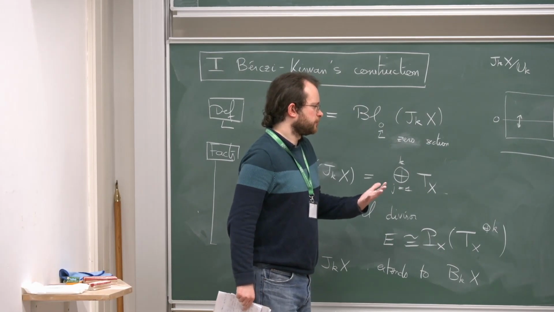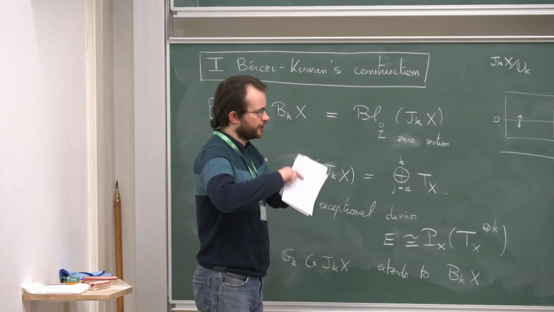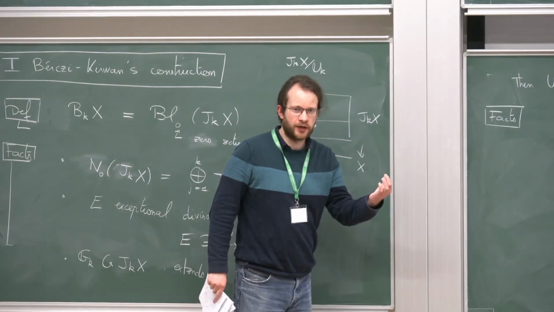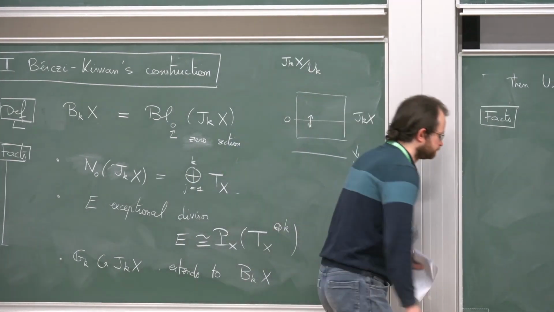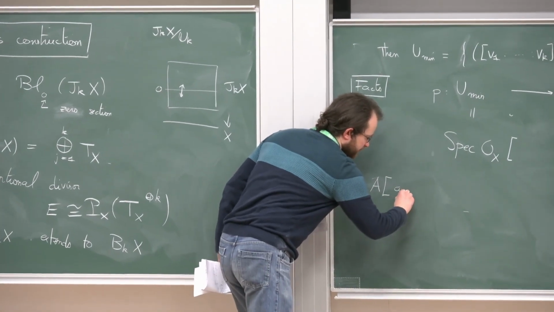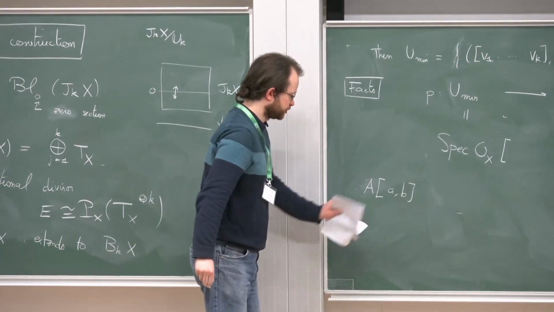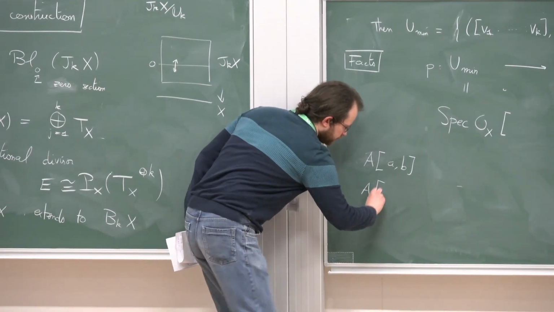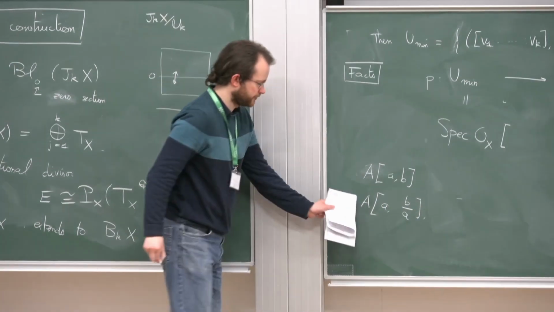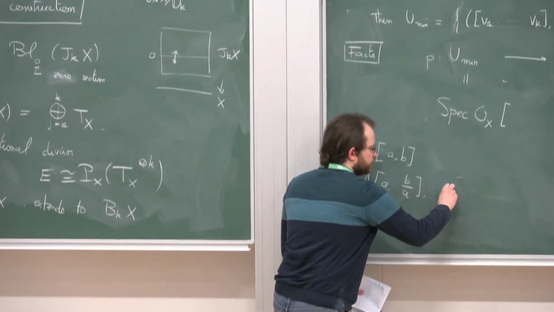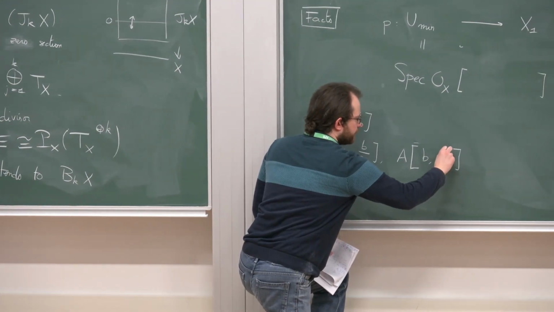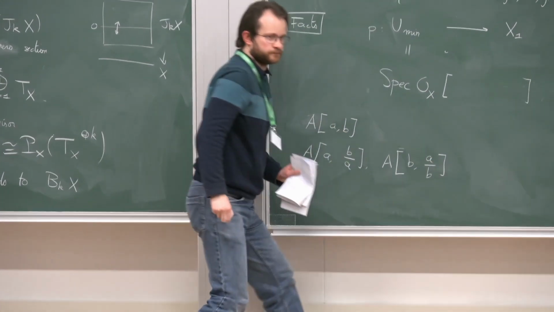So when you do a blowing up, usually if you want to write what are the standard affine charts, you pick the coordinates one by one, and you do things like that. Say if you want to blow up the algebra A, B at the origin, you will have two charts, one given by that, and the other one given by the rational coordinates B, A over B.